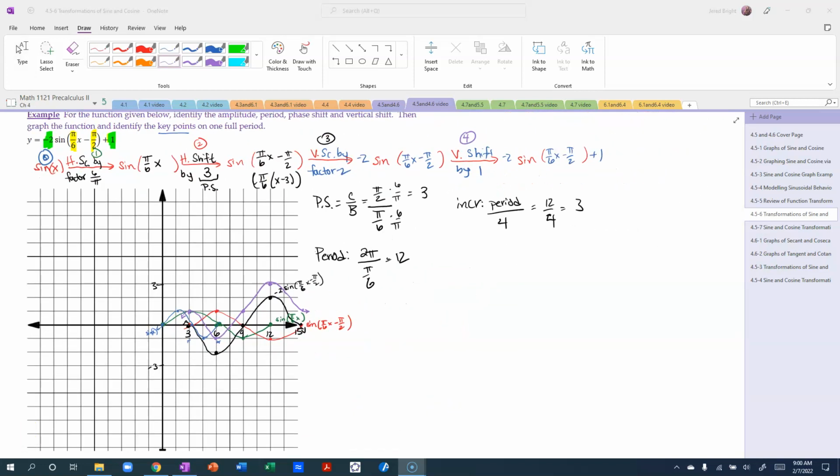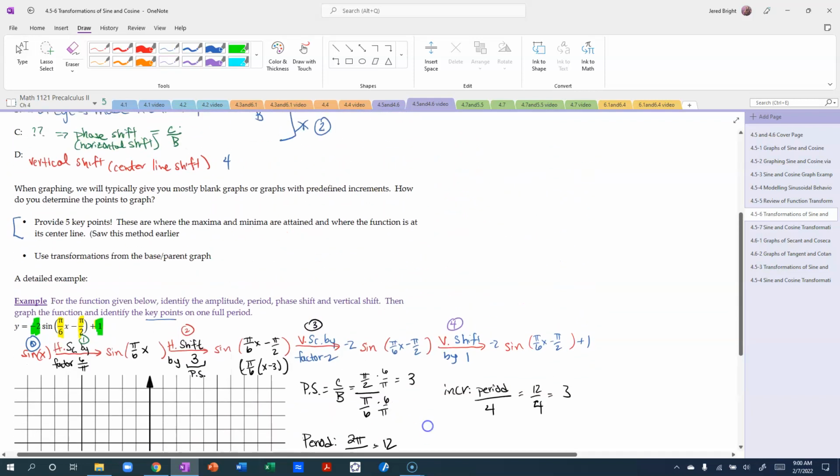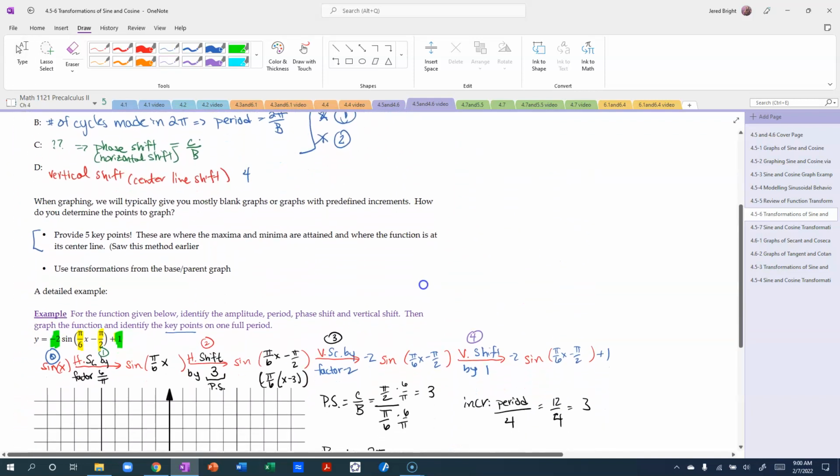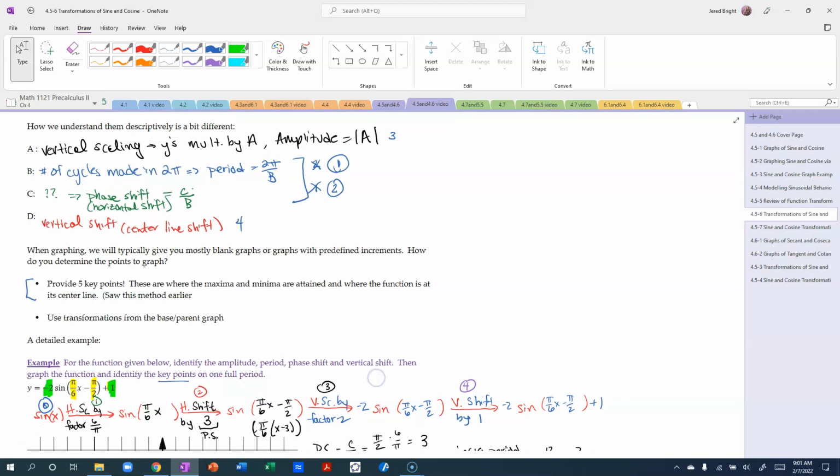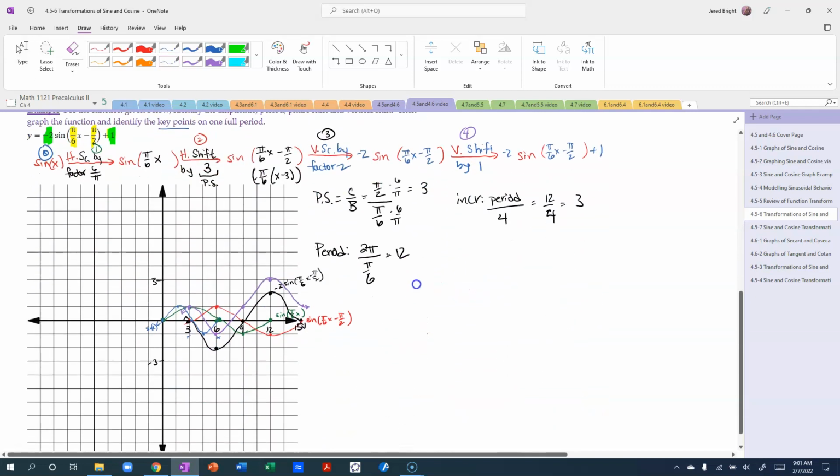In all, we're using transformations as we've seen them in the past, at least vertically. Horizontally, the story changes a little bit, because we always do the horizontal scale first before the horizontal shift when we're working with trig functions, just to make it easier to work with.